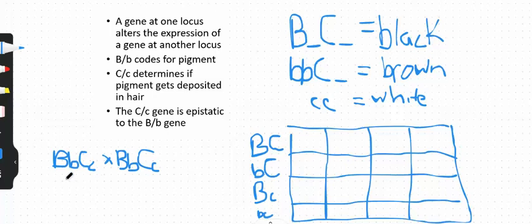What's true of one of these parents is going to be true of the other, because they are genetically identical in reference to these two traits that we're considering in this epistasis problem. So I'm going to write the same gametes across the other axis of the square.